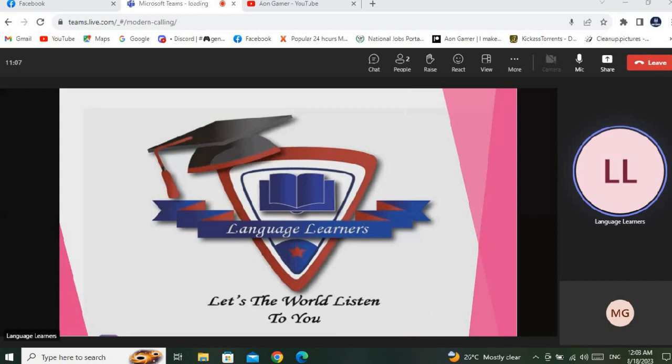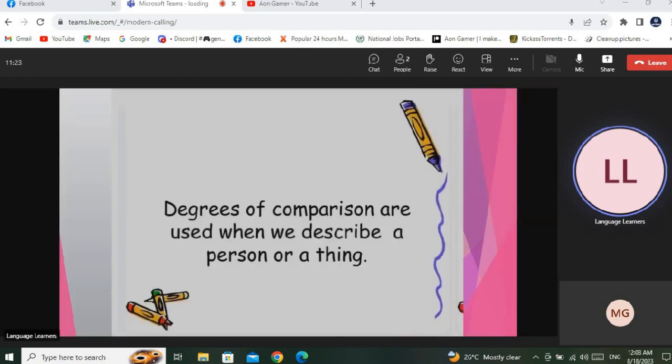To describe a person or a thing, we use some words, and those words are known as adjectives. Adjectives are the words that we use to describe a noun or pronoun.